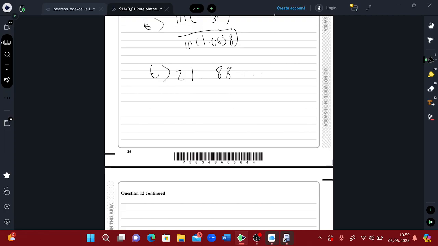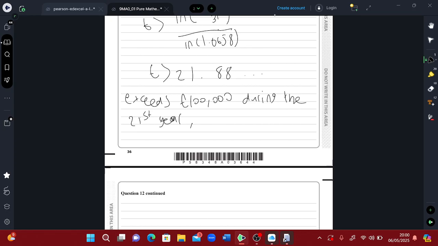So it's not 22 years. What happens is it exceeds 100,000 pounds in the value of the car in the middle, during the 21st year, right? The 21st year.